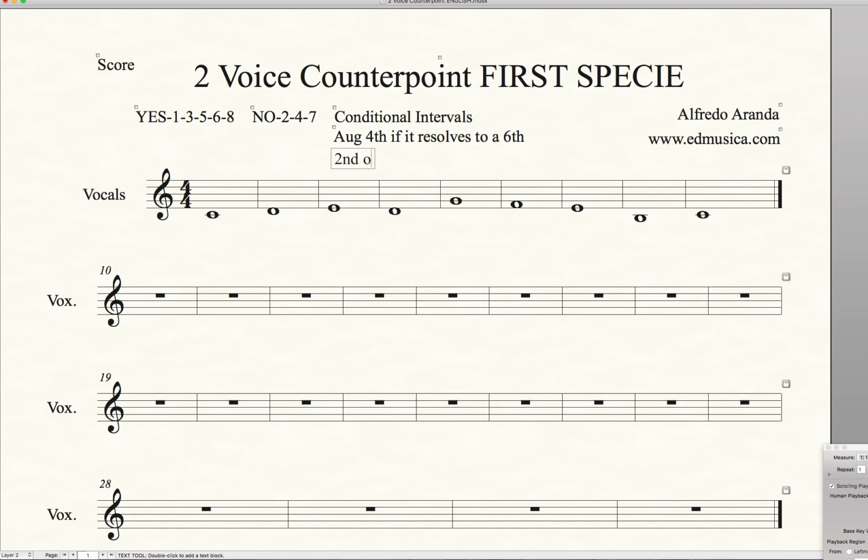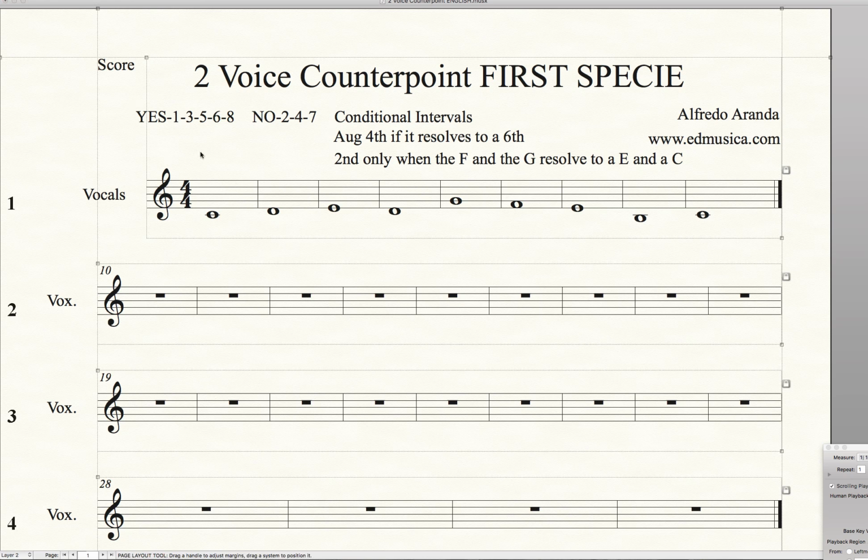The second only when the F and the G resolve to the E and the A, C. And I'm gonna explain that right now. I'm gonna lower this a little more so you guys can see better.